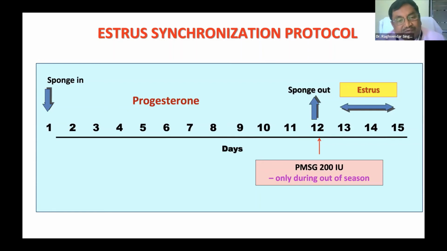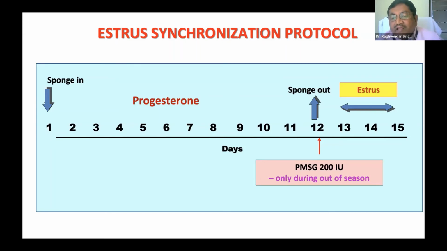All the sheep we want to artificially inseminate are brought to one place, and the sponges are inserted through the vaginal tract and left for 12 days. After 12 days the sponges are removed, and the same day, if they are in the non-breeding season, we give 200 IU PMSG.